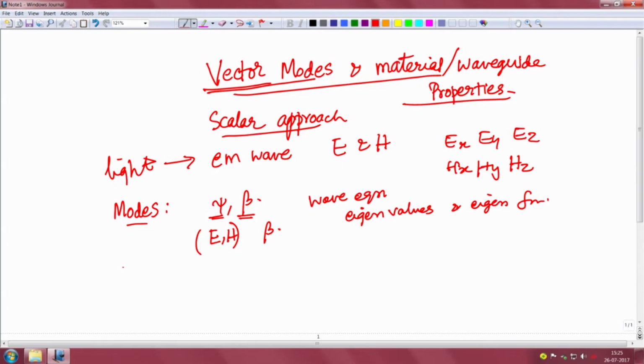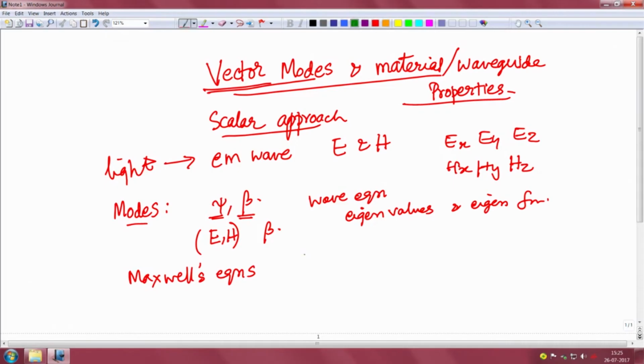The starting point for this analysis is Maxwell's equations. Maxwell's electromagnetic equations govern how electric and magnetic fields are related and interact with the medium. As we know, we have Maxwell's equations in various forms.